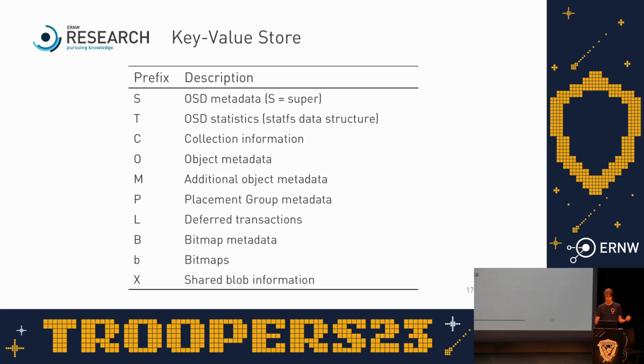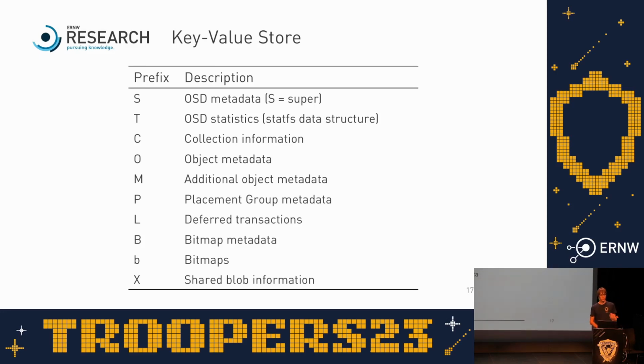If you look at something that starts with an uppercase O, it will contain object metadata. Or if you look at a key that starts with a lowercase b, it will contain in the value a bitmap for a certain part of the drive that will tell you if certain blocks are in use or not in use.